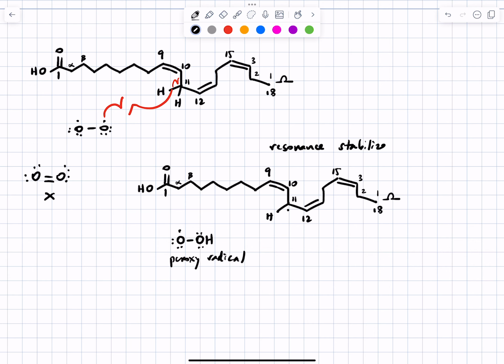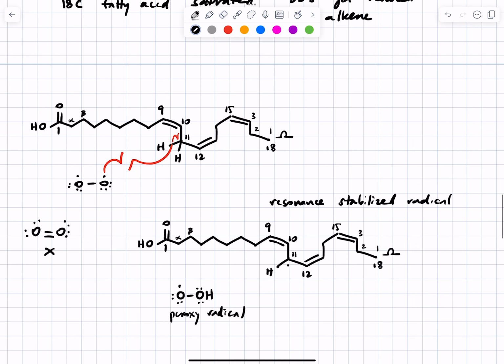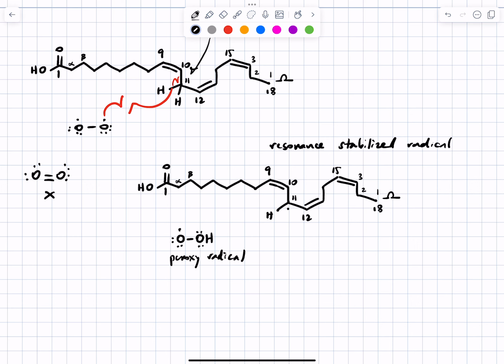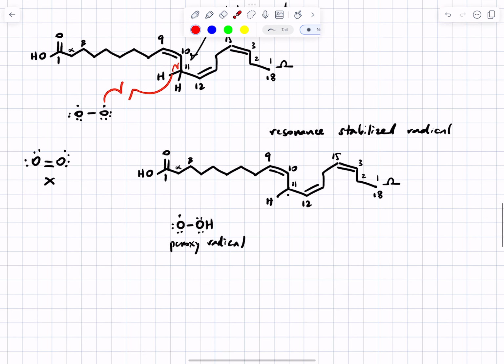So the moral of the story is that allylic carbons, carbon 11 is a doubly allylic carbon, meaning it is adjacent to two double bonds, results in a resonance stabilized radical. And so oxygen can easily remove a proton there.